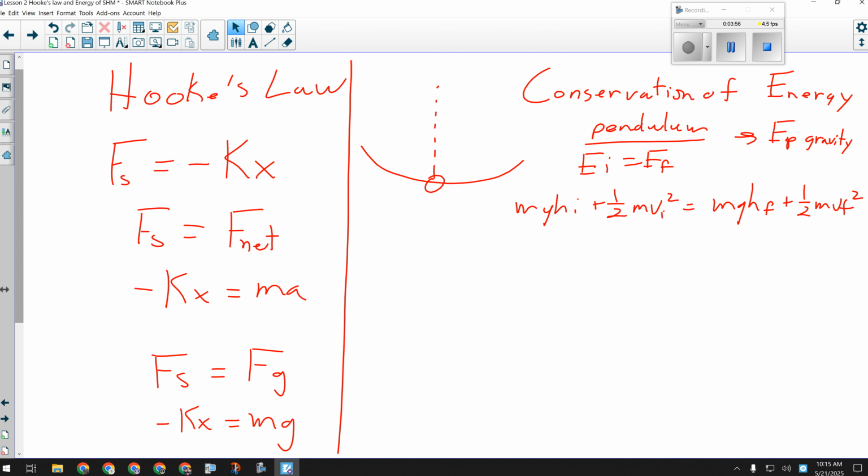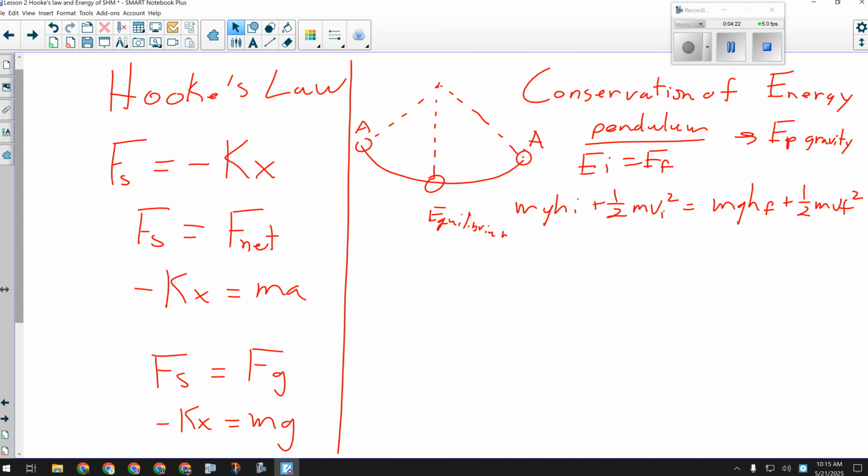Okay. This is the equilibrium position. There and there would be the maximum amplitude. So when a pendulum swings back and forth, how fast is it going at those positions?